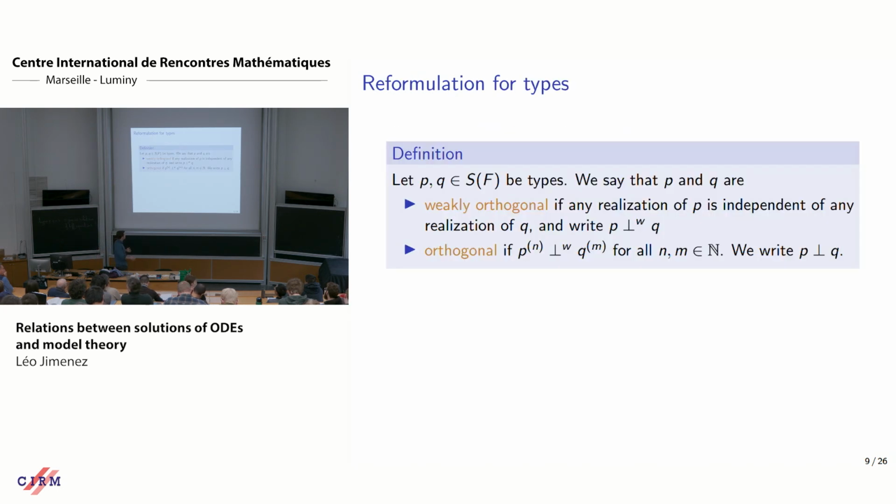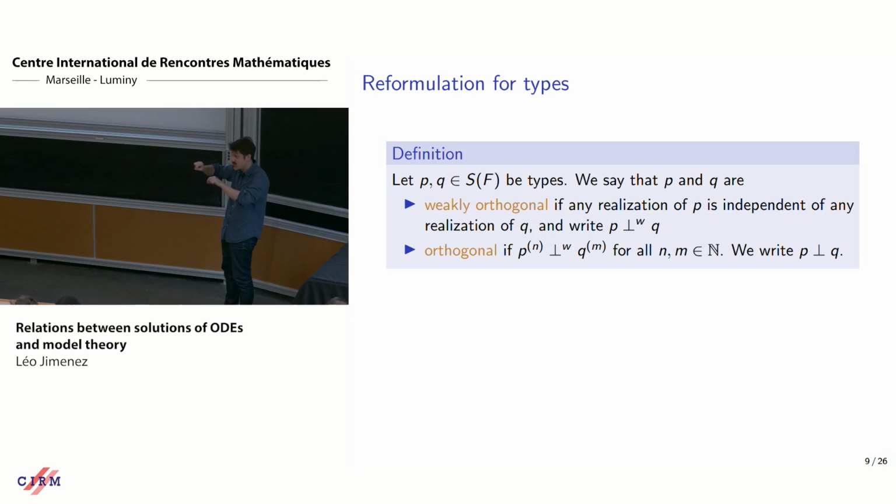So let's see if we can reformulate the question, but for types. Again, these are just generic solutions of differential equations. We say that these types P and Q are weakly orthogonal if any realization of P is independent from any realization of Q over F. So they don't have any relation between just one realization.